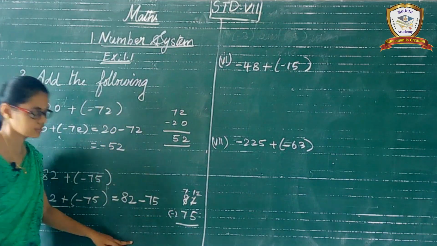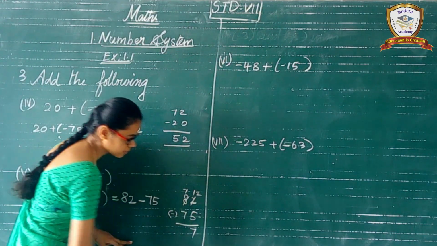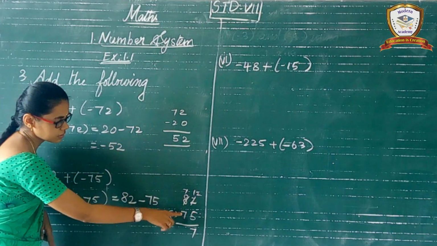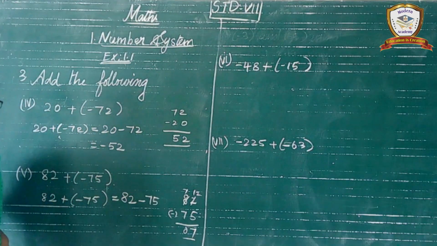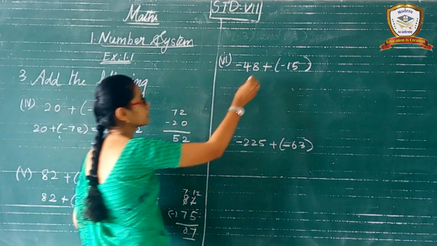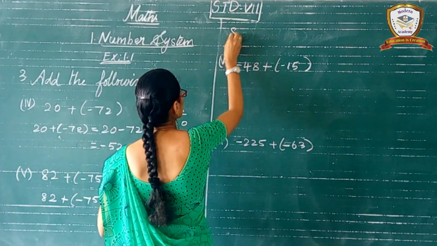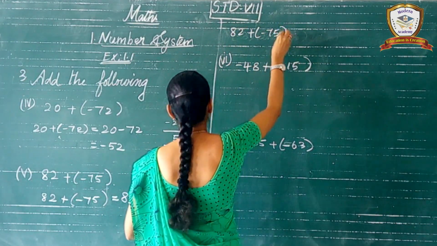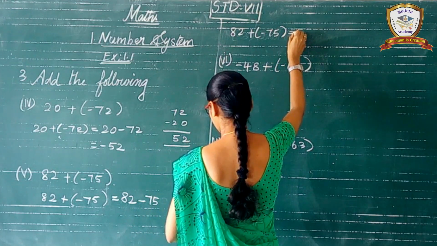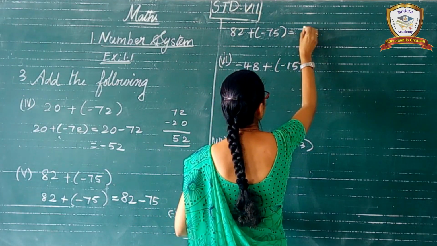So what's the answer? 7. Okay, and 7 minus 7, 0. So no need to mention it in our answer. So finally, 82 plus of minus 75 equal to 7.